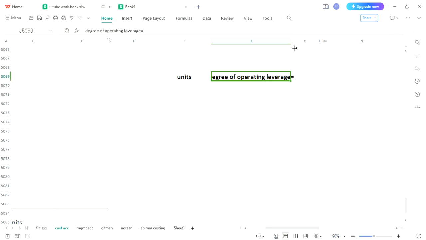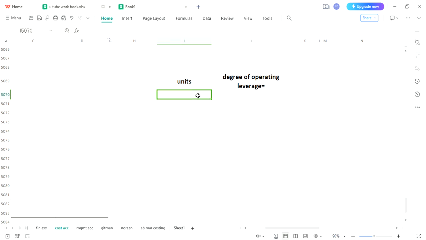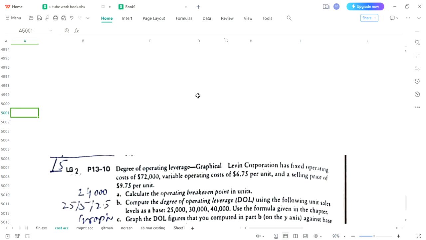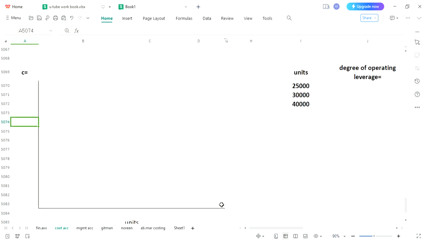Little more space is needed, or instead of space, why not we wrap it up. Okay, the number of units given in the question were 25,000, then 30,000, and then 40,000. So these were three numbers of units. Let's see it again. Okay, 25, 30 and 40. So we have written correctly 25, 30 and 40.